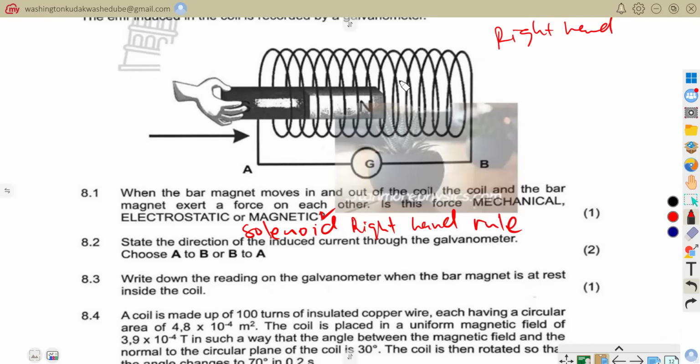But Lenz came to say that the EMF that is induced is in the opposite direction to whatever is inducing it.